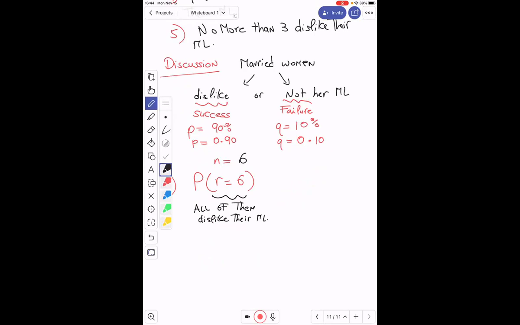So we're going to apply the formula, of course. Just to remind you the formula: P of R is N choose R, P to the R times Q to the N minus R. Because my N is 6, the number of trials is 6, and R in this problem is also 6.